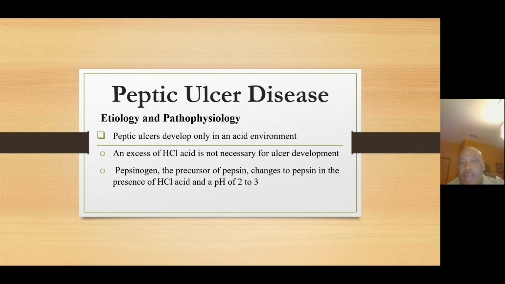Now, at a pH of 3.5 or more, pepsin has little proteolytic activity. In other words, it cannot break down protein once the pH increases to 3.5.